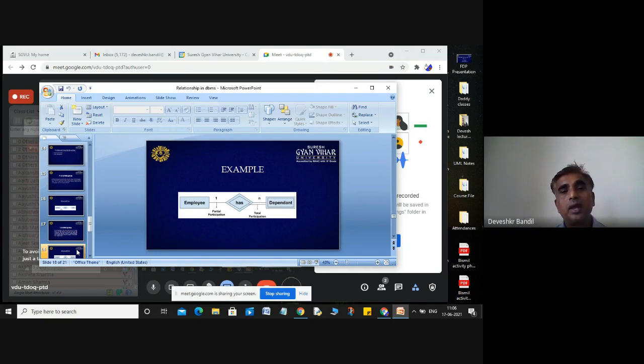But it may be possible that some employees are not related to any dependent entity. So employee is showing partial participation, whereas dependent is showing total participation in the relationship. You can see this in the given diagram.